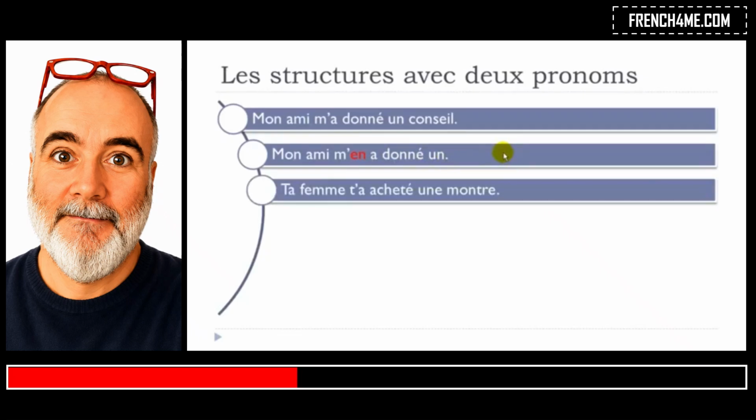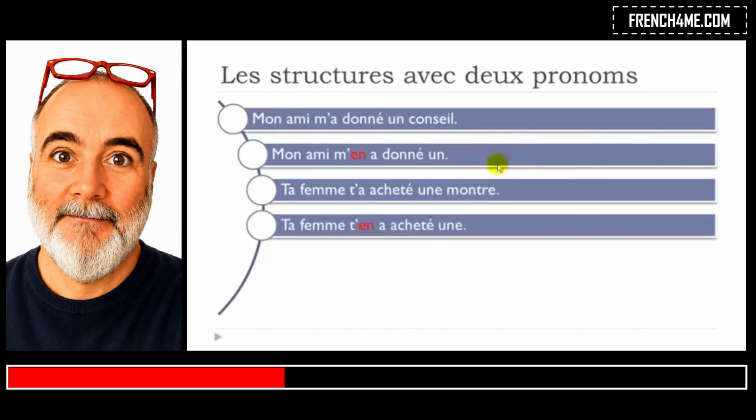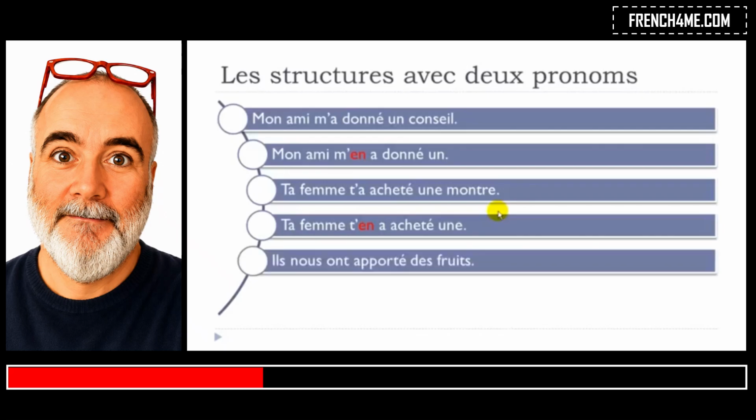Let's see now the same sentence that we had previously, but in the passé composé. Ta femme t'a acheté une montre. Same thing here. Ta femme, so te should be here, but of course with the vowel we take away the e. En a acheté une. Ta femme t'en a acheté une. All right? And then, ils nous ont apporté des fruits.